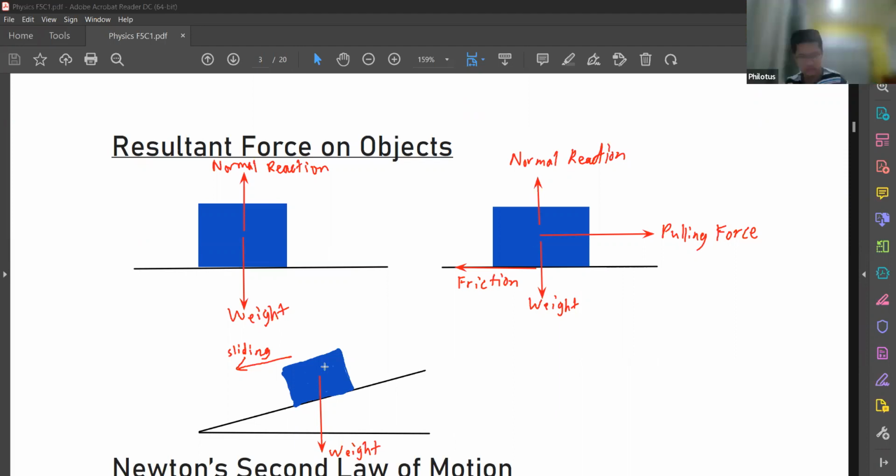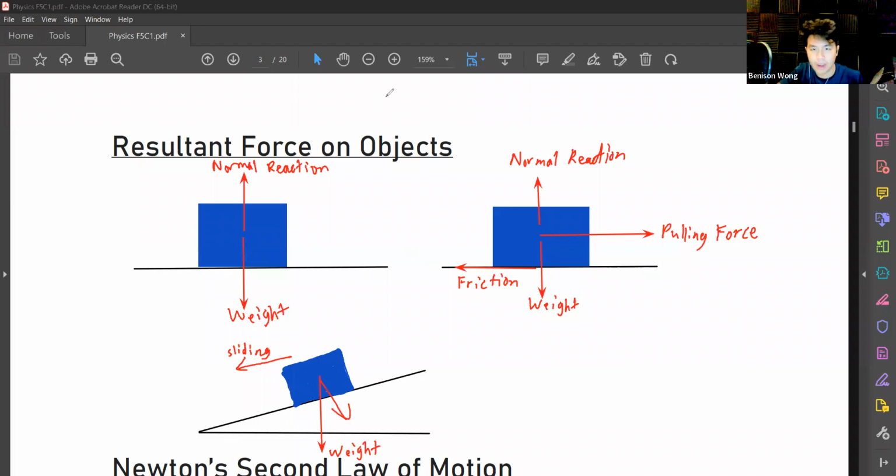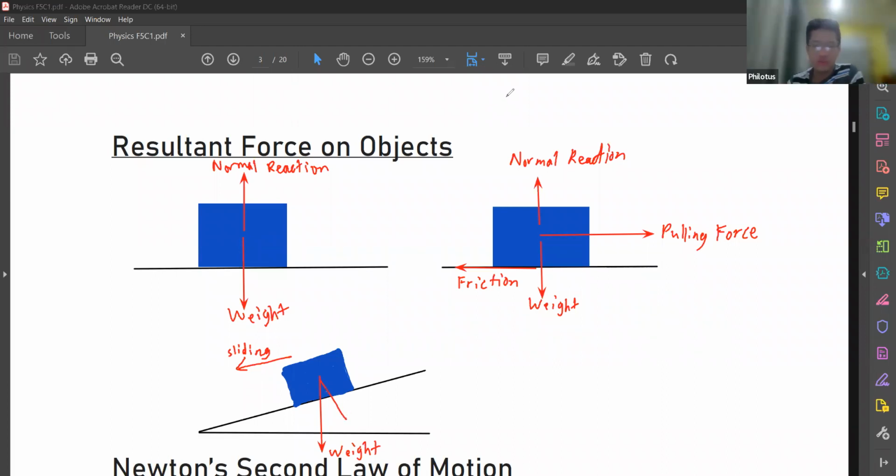So the forces acting on this object, you have another force because it is acting a force in this direction too, right? It's always acting a force perpendicular to the surface. So there must be a normal reaction. The normal reaction will be in this direction, perpendicular to the surface.